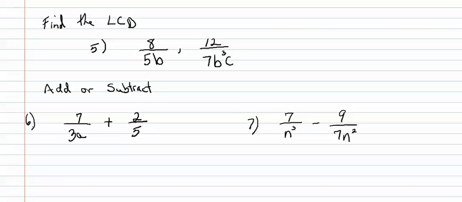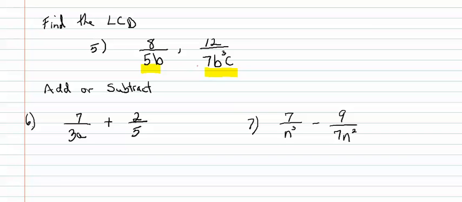Oh, sorry. Okay, number 5. It asks for you to find the LCD, the lowest common denominator. I just look at these two at the bottom here. Those two are my denominators. I ask myself, okay, I have a 5 and a 7. What number do they have in common?